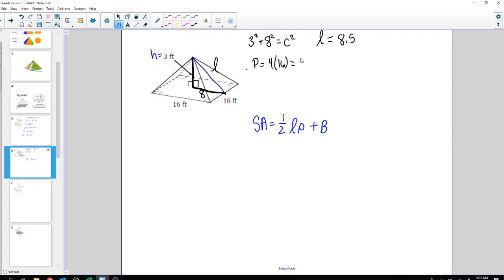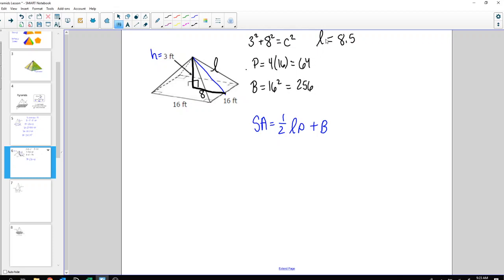So my perimeter is 64. And then I need my area of the base, which is going to be 16 squared. So the area of my base is 256.